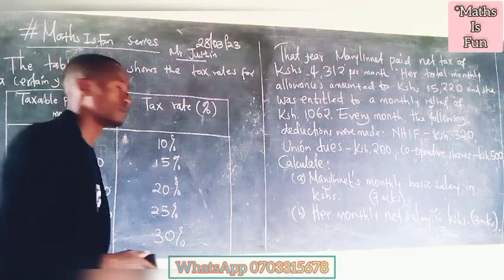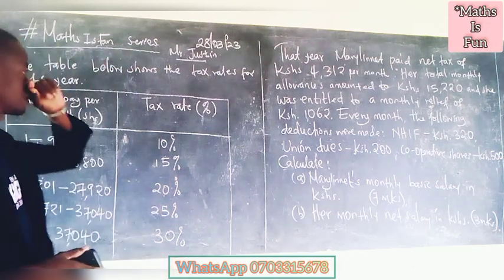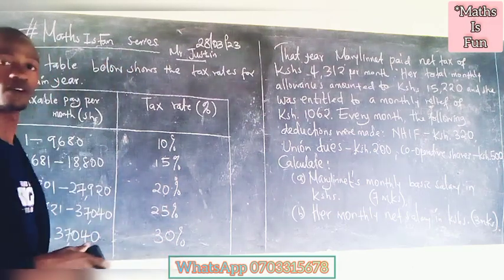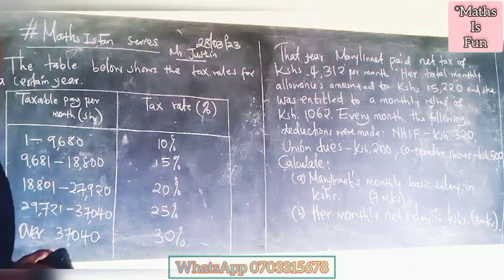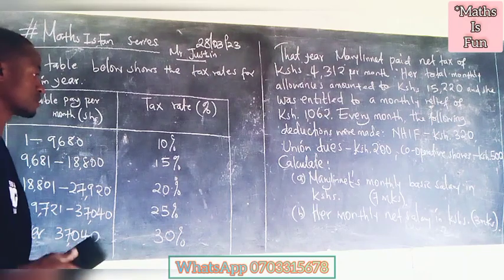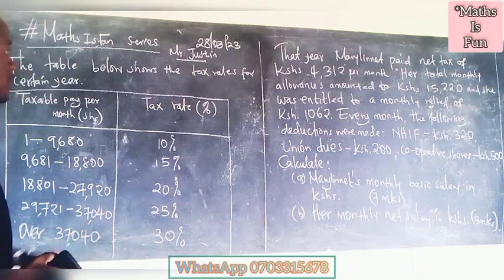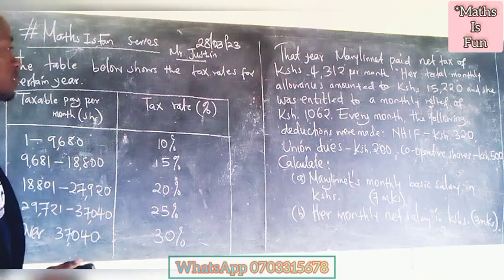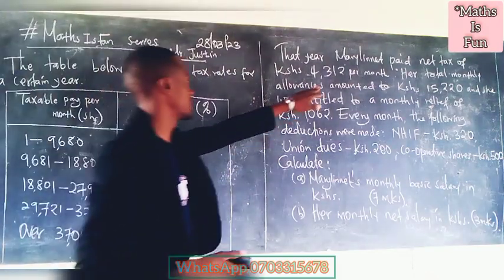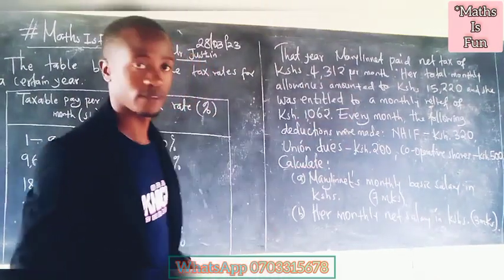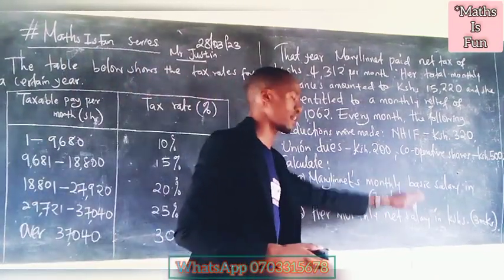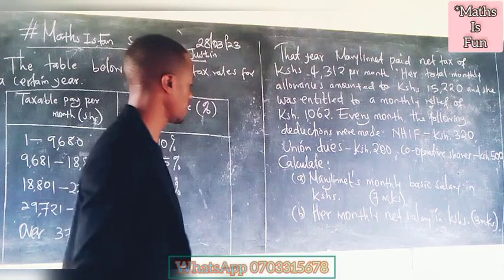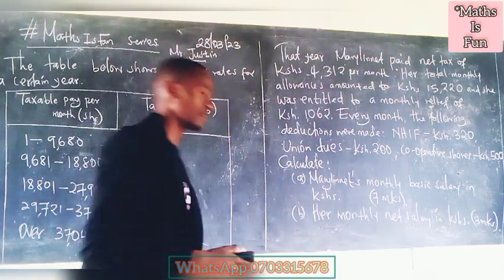Today we want to handle this question that is mostly set from commercial arithmetic, to do with the taxable income, that is the pay, and what we call the net salaries. So in today's question we are given the net tax, that is the pay. Then we go back to calculating the monthly basic salary of a certain employee and her monthly net salary.